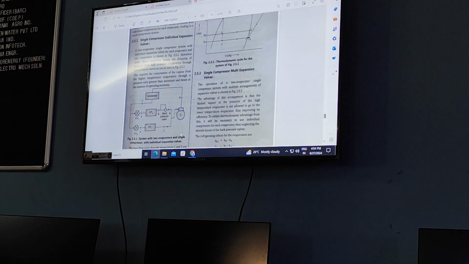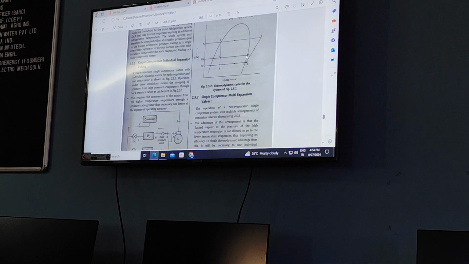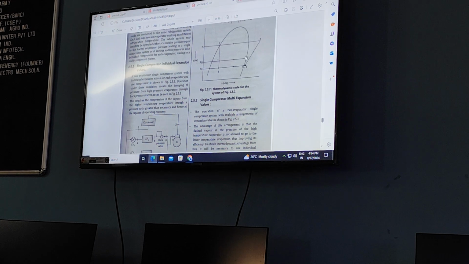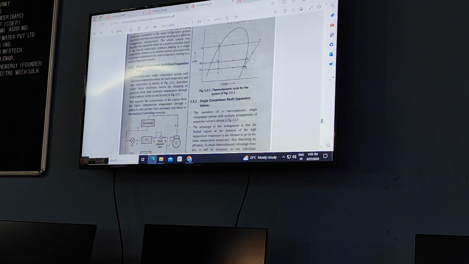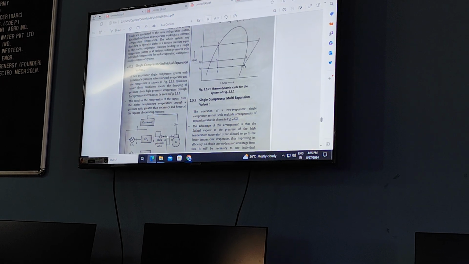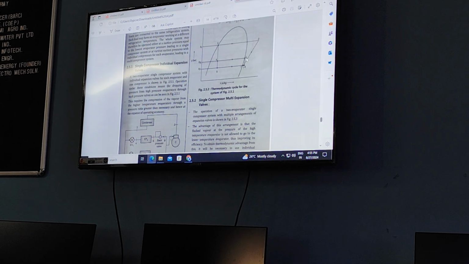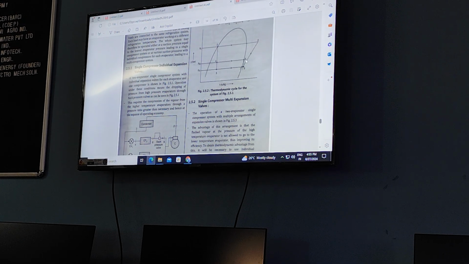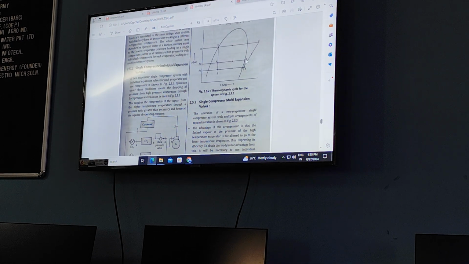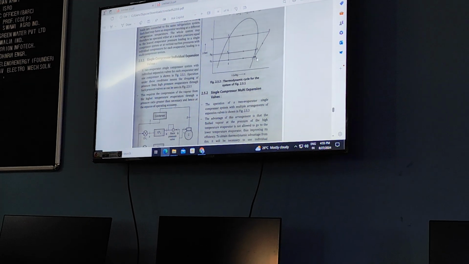But is it the same? The output of evaporator 1 is 7 and of evaporator 2 is 6. Clearly there is a pressure difference, so it is not possible to send this refrigerant to the compressor. That's why there is a back pressure valve, or pressure reducing valve. Here also we use expansion, because there is no other way to reduce the pressure. We reduce the pressure by an isenthalpic process, so the enthalpy at 6 and 8 is the same.